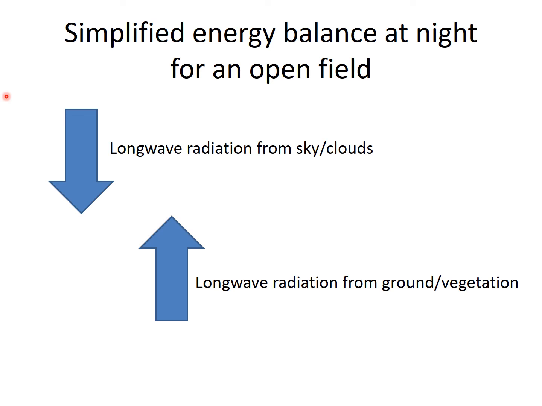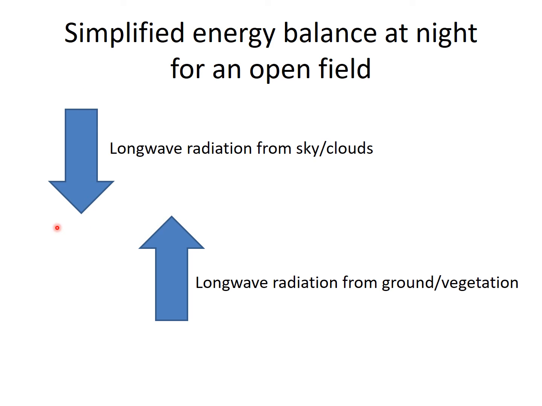So that means we're not going to look at transmission or latent heat loss and so on. So it's night. Basically the energy balance will be dominated by long wave radiation from the sky and clouds. That's coming from molecules in the sky, either water vapor or CO2 molecules.